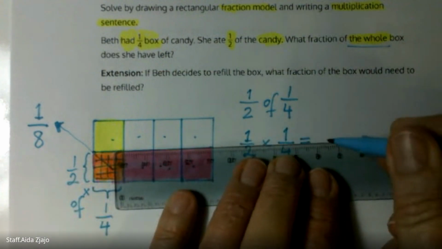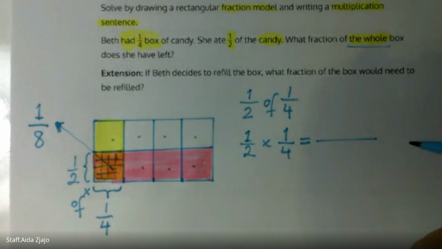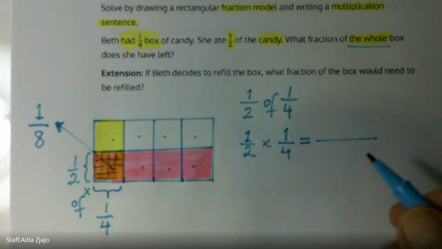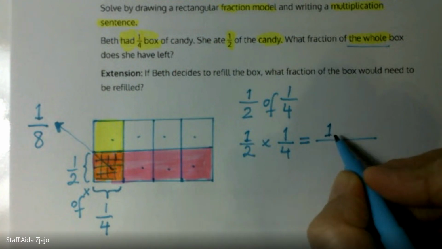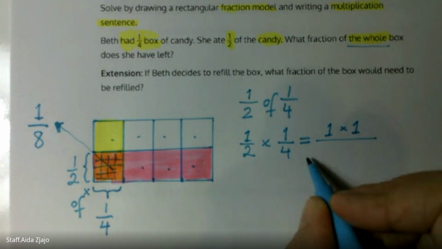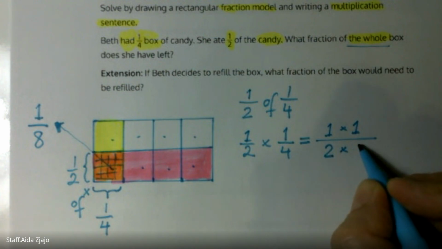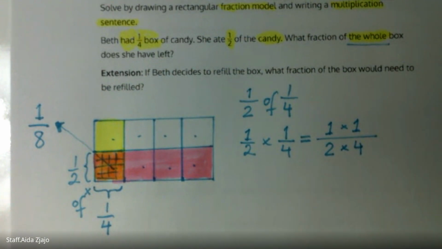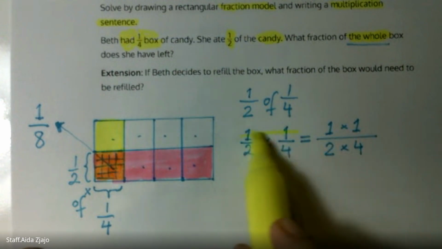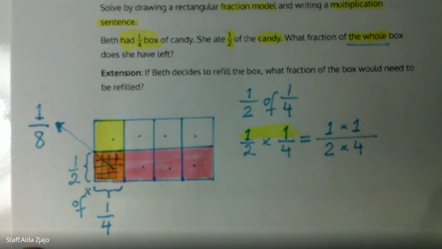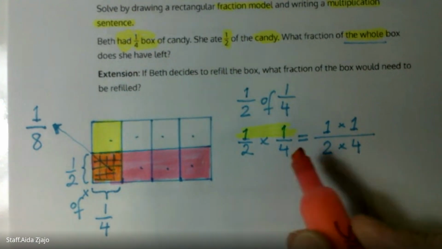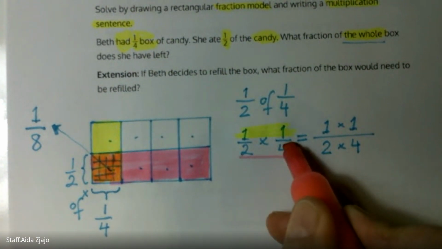If you would like to multiply a fraction by a fraction, you multiply numerator by numerator and denominator by denominator. That means you multiply the top numbers, and then you multiply the bottom numbers.